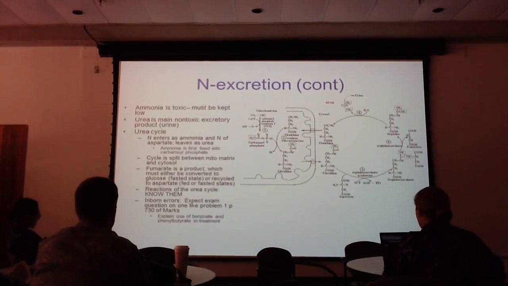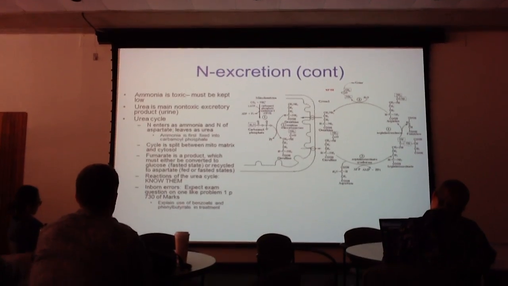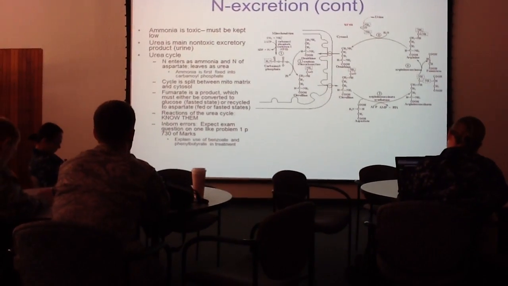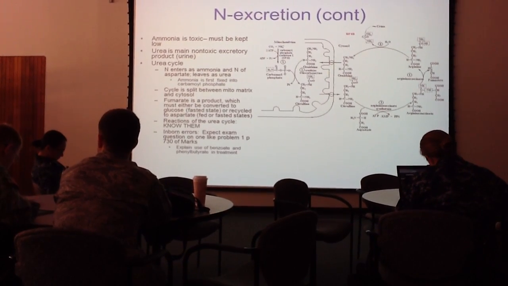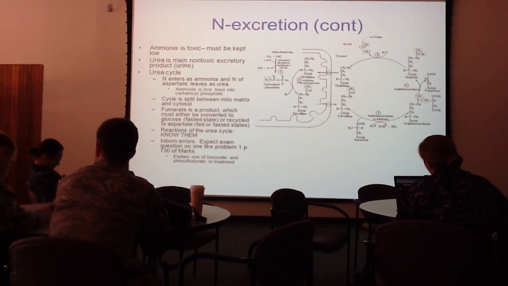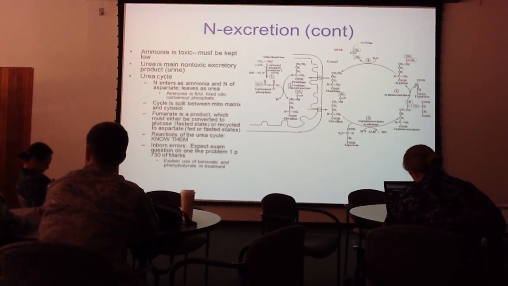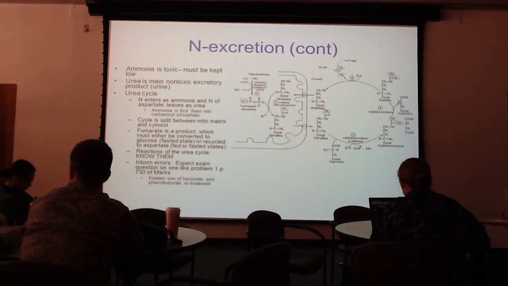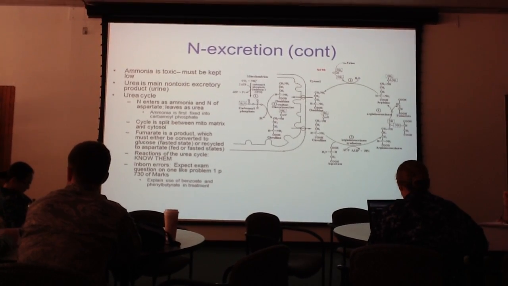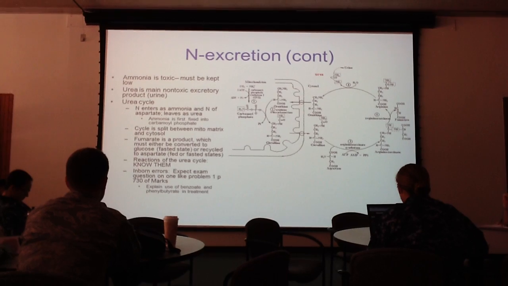Then there's the use of benzoate and phenylbutyrate to treat inborn errors of the urea cycle. The basic idea there is these are drugs, and many drugs are excreted as derivatives. Now, we just got through the MCAD thing. We find that a lot of these MCAD waste products are excreted as glycine derivatives or carnitine derivatives.